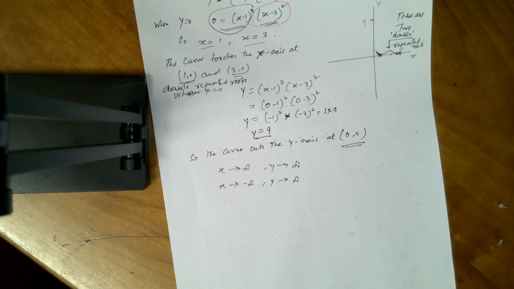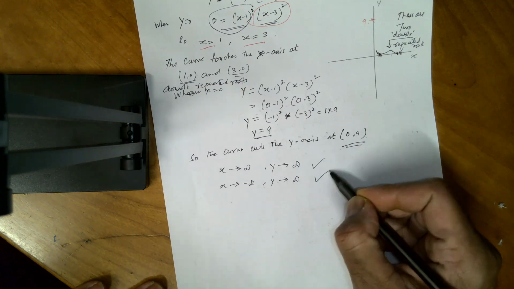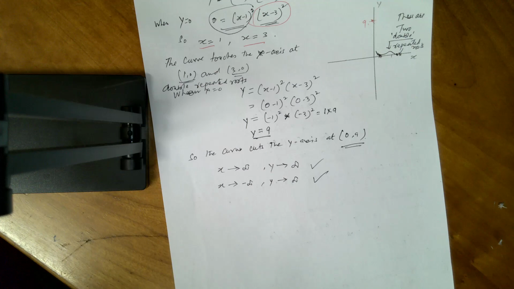Okay. Now for that, as I was saying to you in the previous example, check what happened to the y for the large positive and negative values of x. Okay. So once you understand that, then you will know these as well.